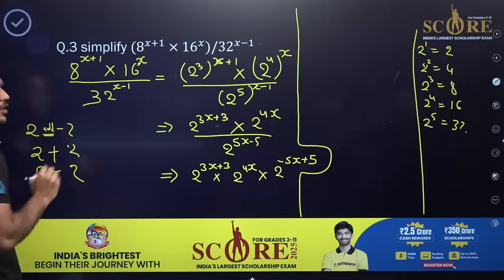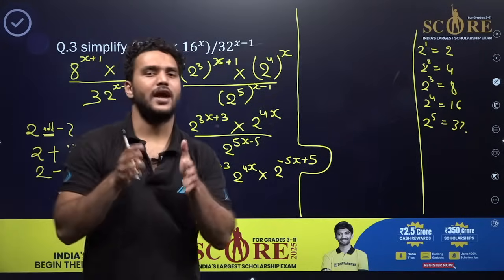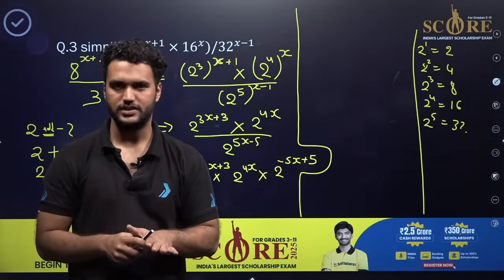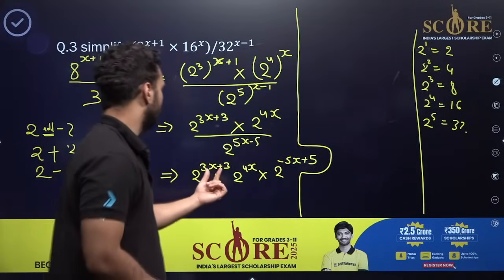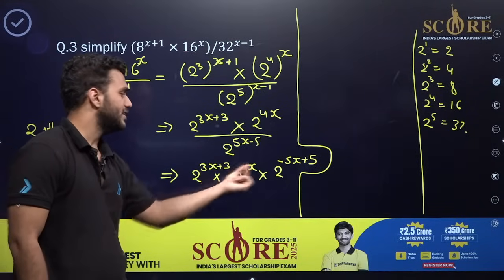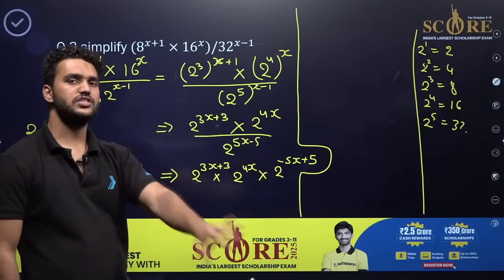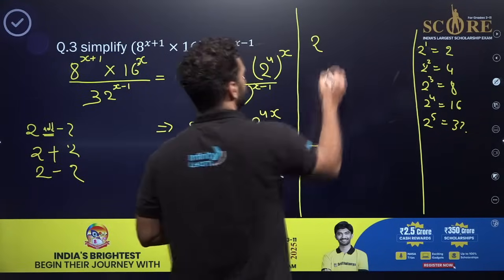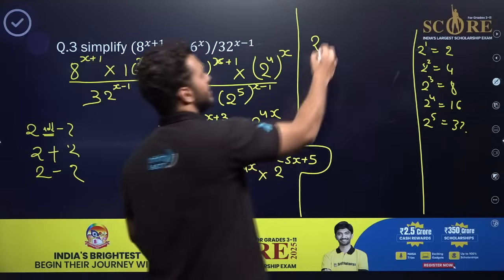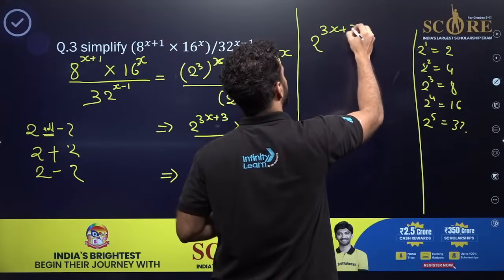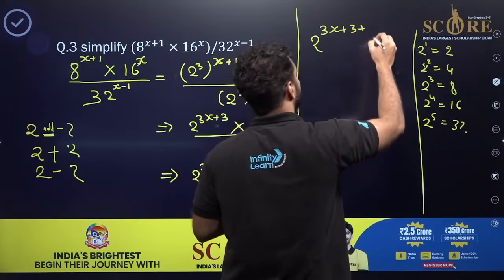Just write them with your own sign. You don't have to change your sign. Similarly, when I say adding, just go with your own sign. It has 3x positive, 2 to the power 3x positive, write it as it is, plus 3 as it is, plus 4x.